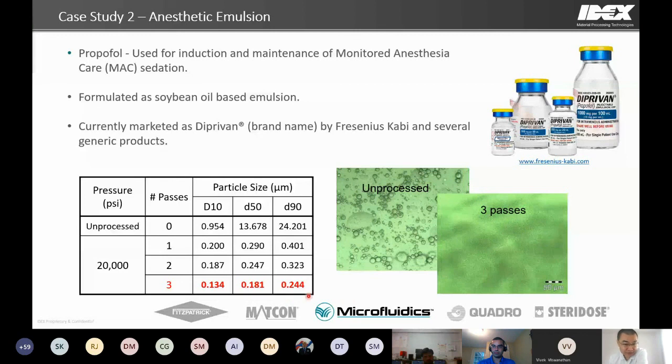This size is really close to the sterile filter average pore size, 220 nanometers. So this indicates that most droplets are small, and maybe small enough that the emulsion can be filter sterilized, which is usually an easier and more economical way to do the sterilization.